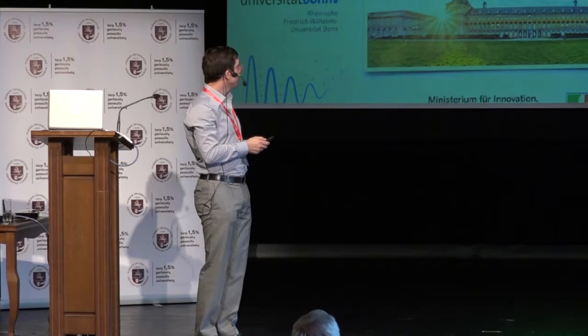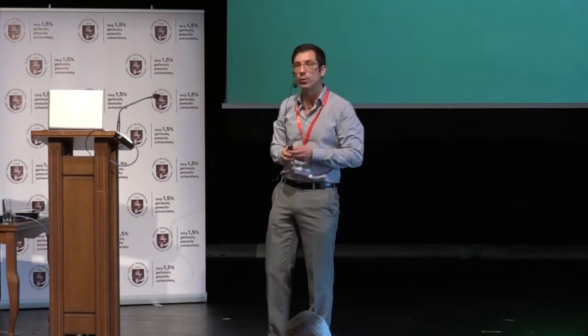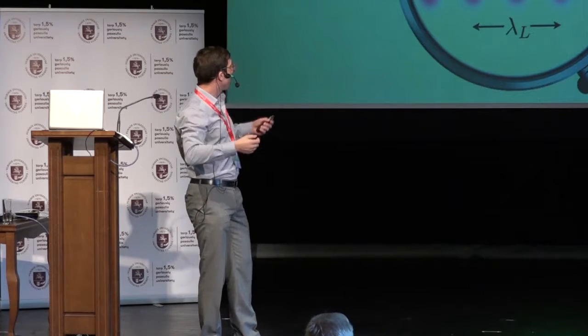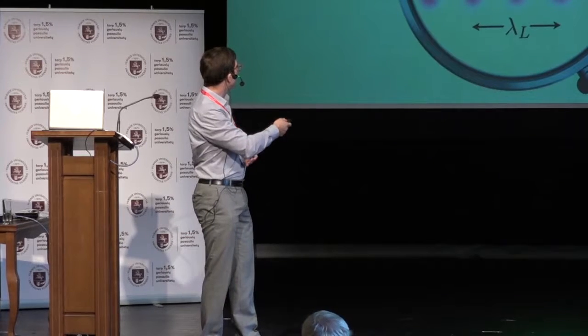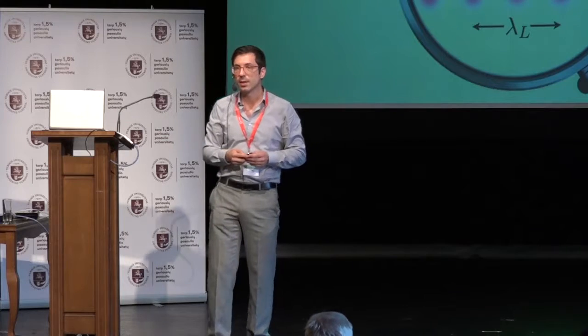For realizing these experiments, we work in optical lattices with ultra-cold atoms. This is our basic setting, in which, in the simple realization, an optical lattice originates from two counter-propagating laser beams, and atoms are trapped in regions of maxima of intensity.